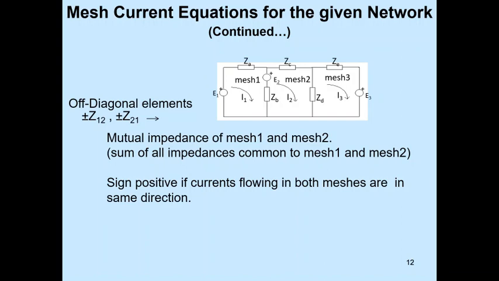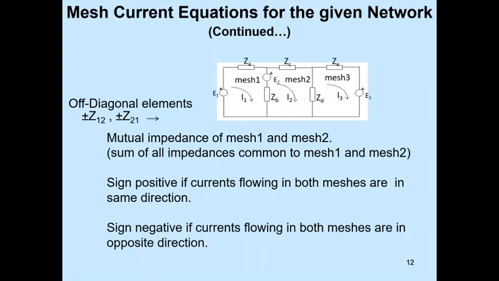If the currents of mesh 1 and mesh 2 flow in opposite directions in that element, then the sign of the transfer impedance Z12 or Z21 is negative. So the sign depends upon the flow of currents.